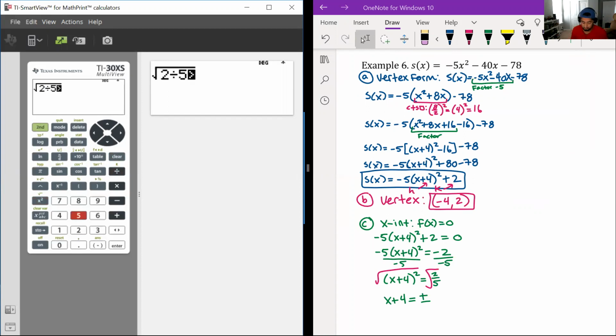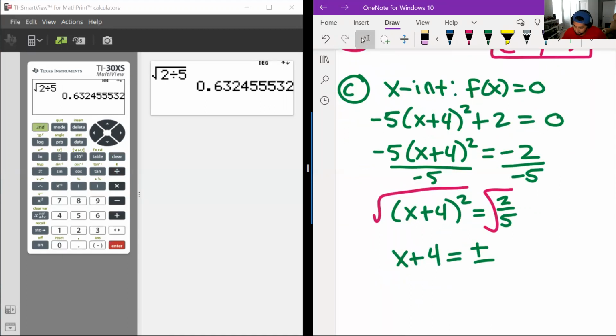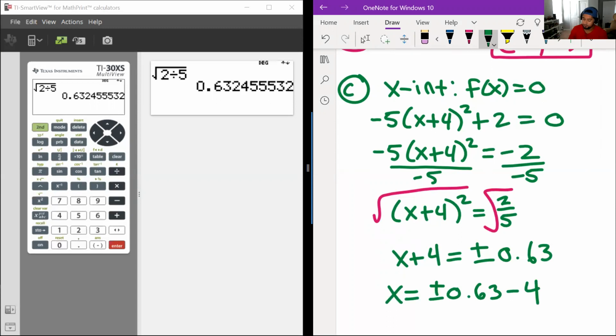Easy as that. Enter. And I assume we'll just do it to 2 decimal places. So here, you'll get 0.63. All right. Then subtract the 4 over. Plus or minus 0.63 minus 4.